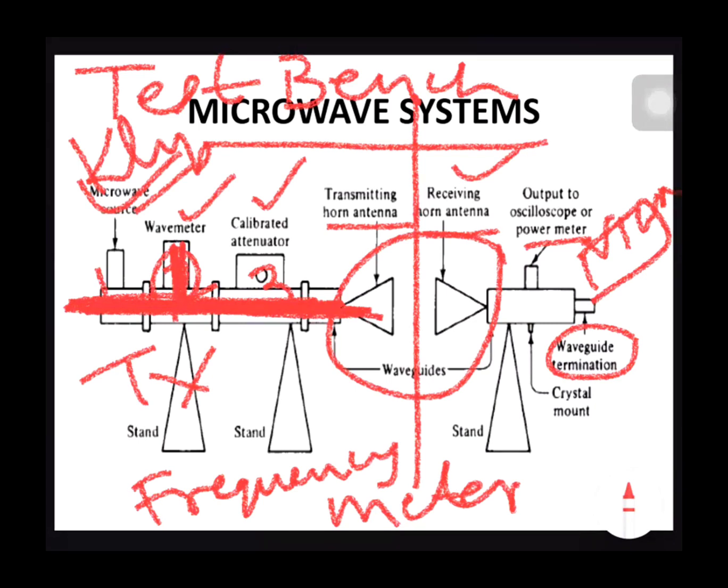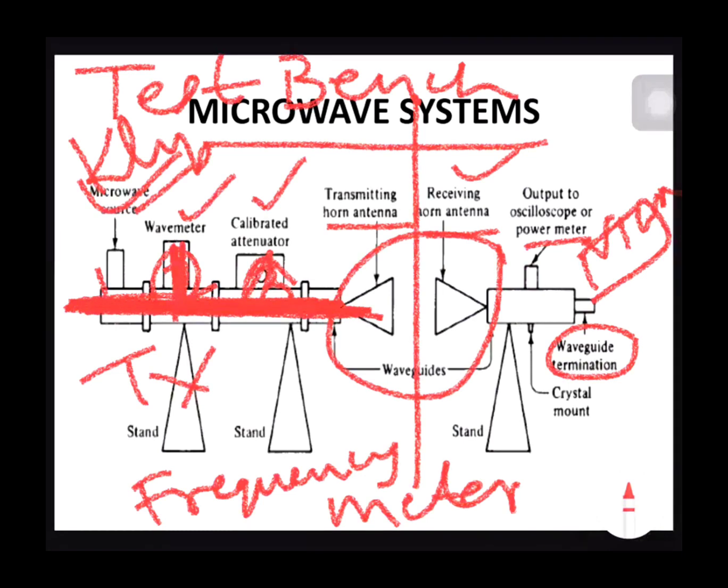And secondly, in continuation, the signal also will propagate through the attenuator. An attenuator is a microwave passive device which partially attenuates or partially absorbs the microwave signal that is getting transmitted. The attenuator is the one which reduces the input power level.